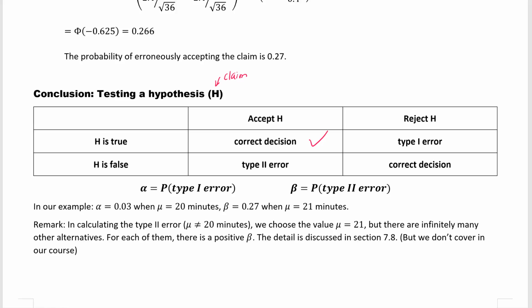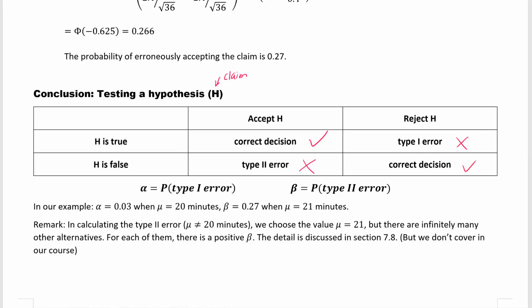But if the claim is false and we accept it, this is a bad decision. If the claim is true and we reject it, this is also a bad decision. If the claim is false and we reject it, this is a correct decision.